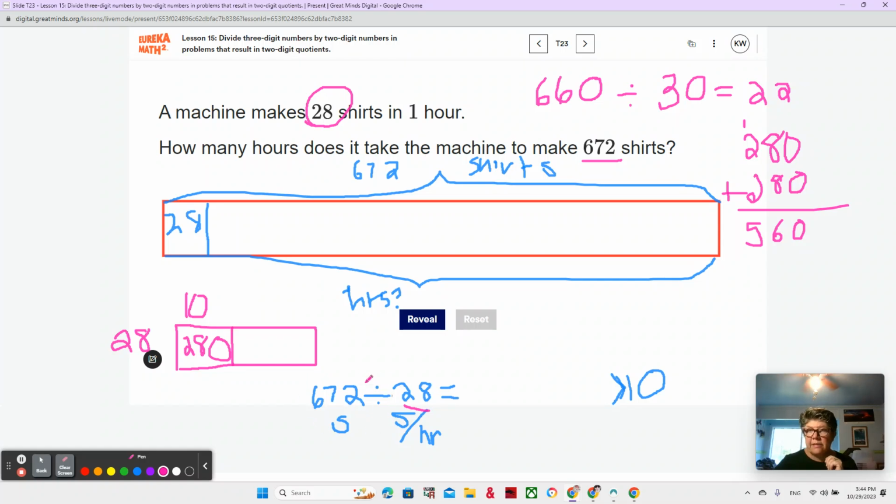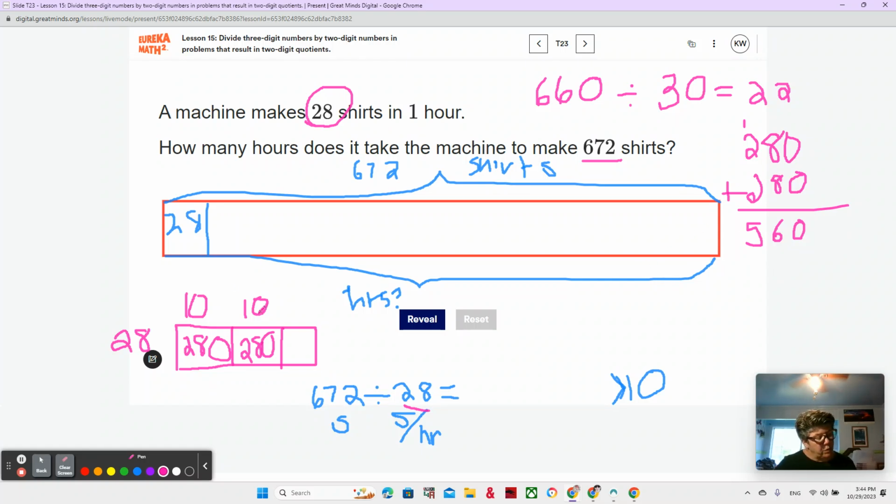It's less than 672. So yes, we can put another group of 10, right? Just like in our example where we had two groups of 10. That's probably how she was thinking about it, right? Okay, so now we have 560. So 20 groups, right? 10 and 10.